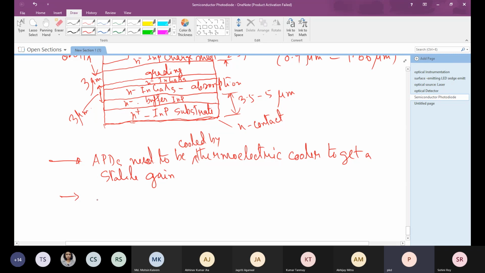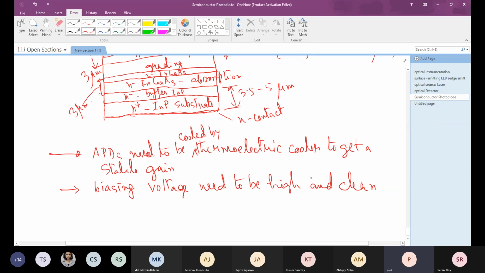And the biasing voltage needs to be clean, and needs to be high. There are APDs with as high as 40 volt, 50 volt biasing. Clean means there should not be ripple in the DC part.